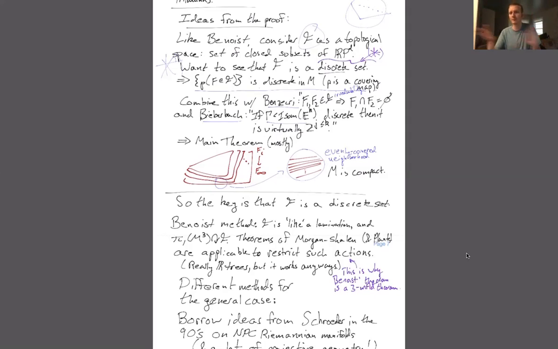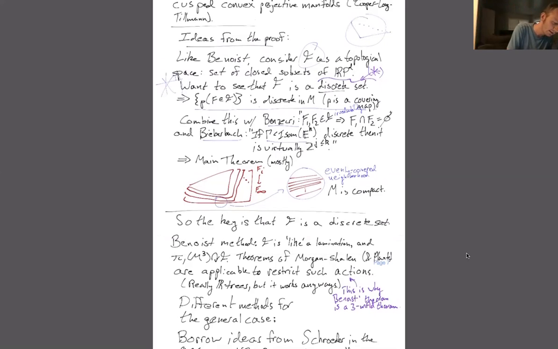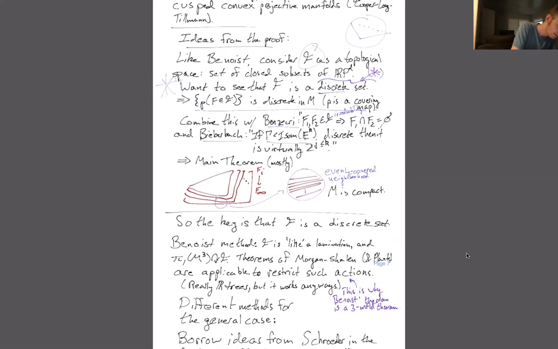If there were infinitely many, or if the images P of F were not compact, then they would accumulate somewhere in M. And you would see then, in an evenly covered neighborhood, that accumulation in omega.